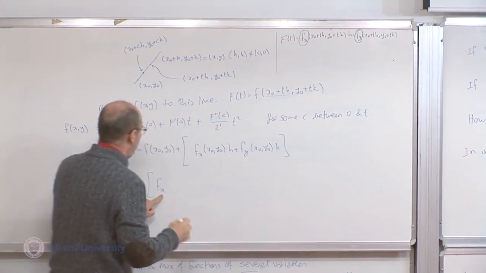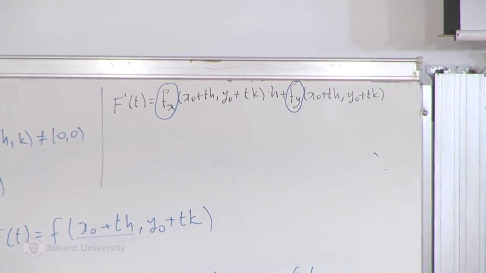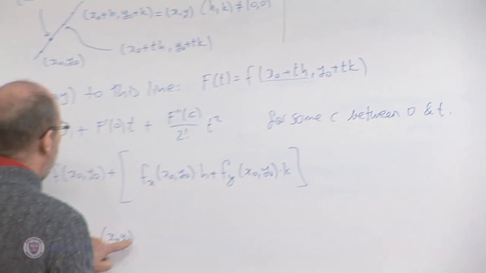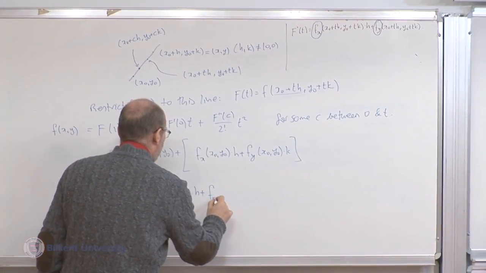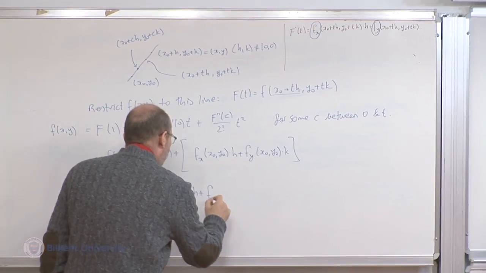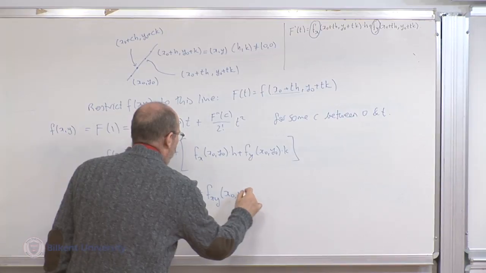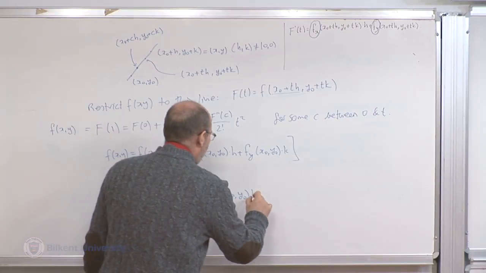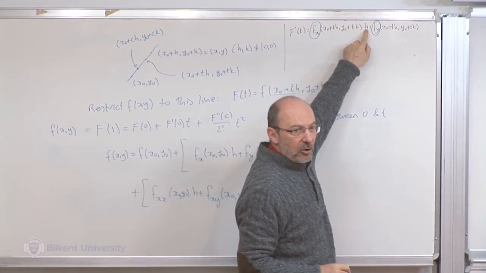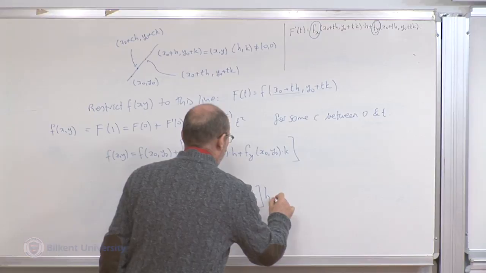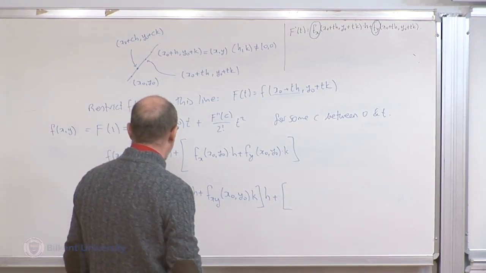So I take the derivative of this function with respect to x, evaluated at t equals 0, x sub 0, y sub 0, times h, plus I take this function and its derivative with respect to y, multiplied by k. And I don't forget that there is an h here, so I multiply this with h. Plus, I do the same thing.